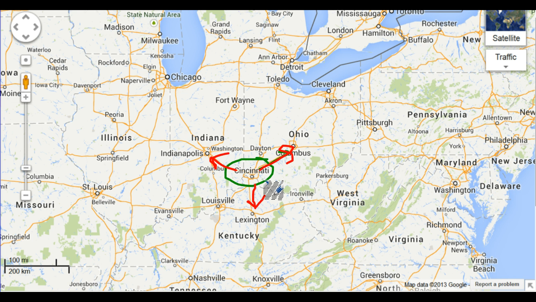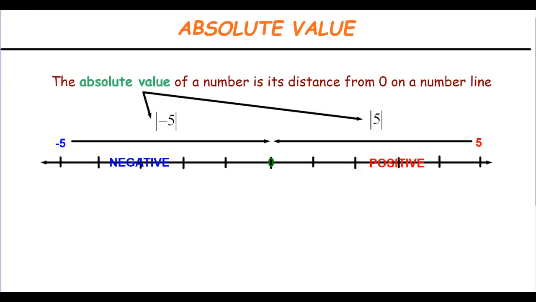They're not exactly the same distance from each other, but they're all about the same, and they're not all in the same direction away from Cincinnati. But if we asked someone what's the distance between Cincinnati and Indianapolis, or Cincinnati and Columbus, or Cincinnati and Lexington, they would give us about the same values, because they're all about the same distance away, even though they're in different directions. And that's really what we're talking about with absolute value.